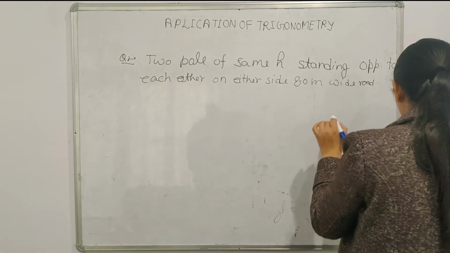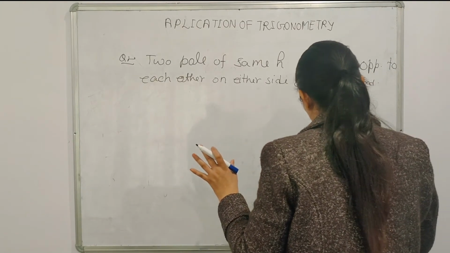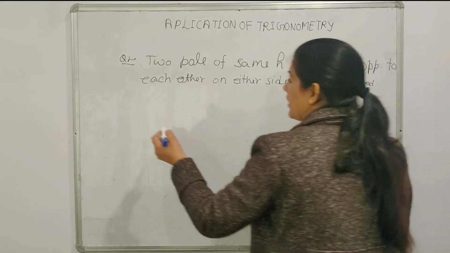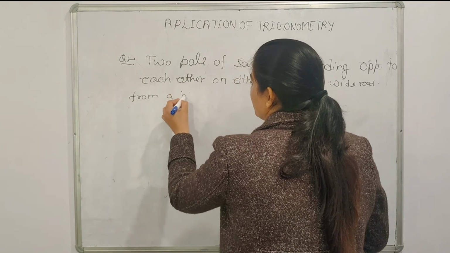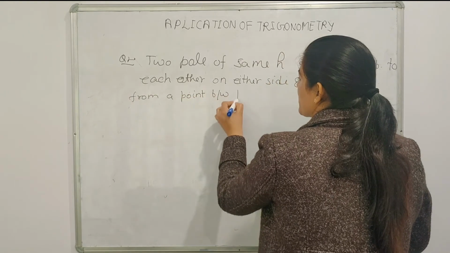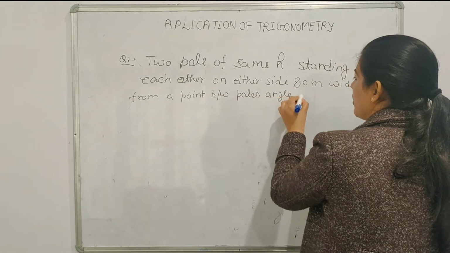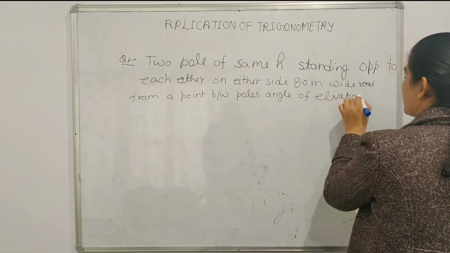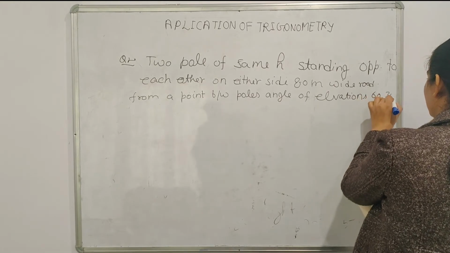After this, from a point between them on the road, the angles of elevation of the top of the poles are 60 and 30. So from a point between the poles, angle of elevation (60 and 30).